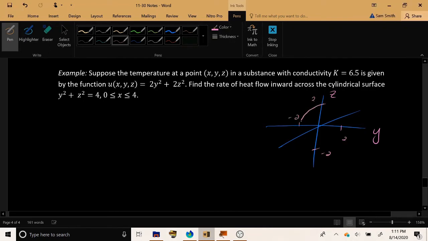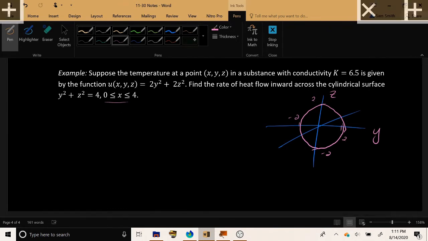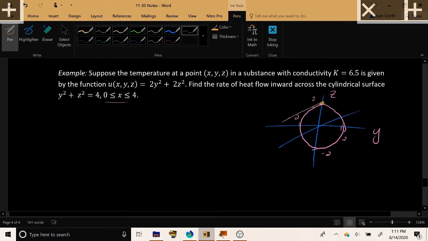So let me sketch in a circle of radius 2 on the yz axes. And then this circle is being drawn for x values from 0 to 4. So I'm going to extend this circle forward 4 units in the positive x direction.